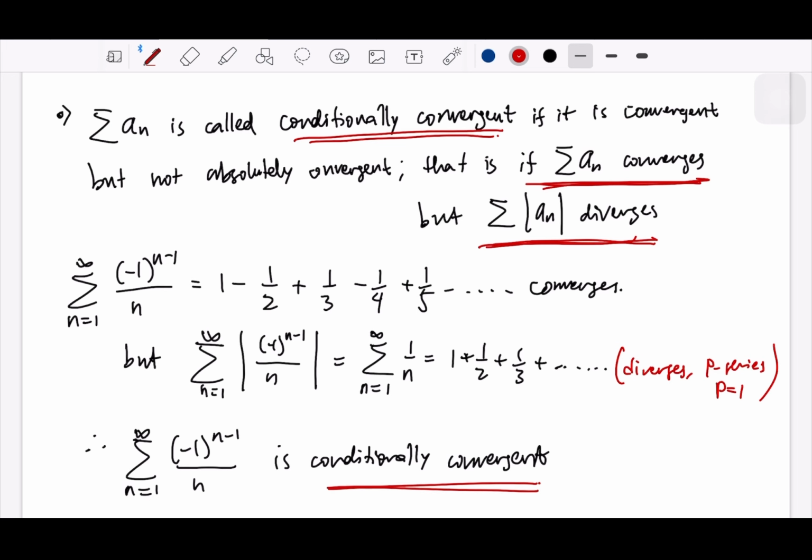But sometimes when you take the absolute value, it may have some terms, and maybe you need to use another method, like the limit comparison test, or maybe just the divergence test. So in some problems, you need some logical steps, like which method you are going to use. For an alternating series, the first thing you can do is check the absolute value and look at the series itself first, and then develop the methods.